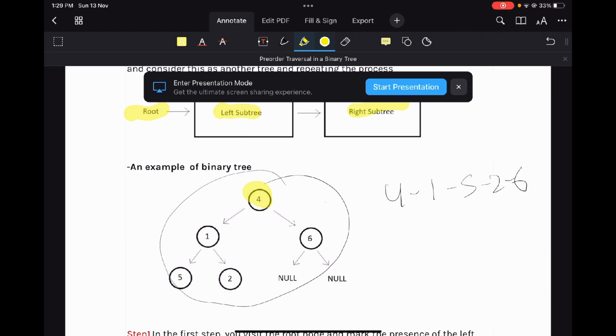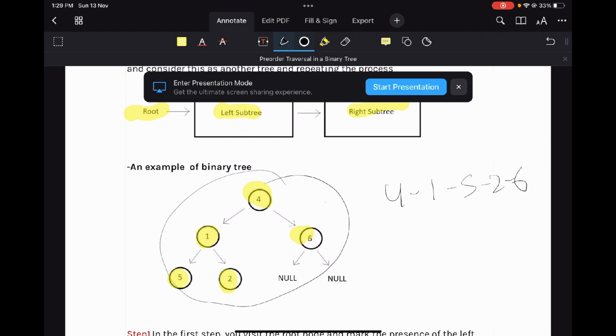In the given example, as the left subtree of the particular tree is 1, we'll mark our presence in 1. Since 1 is a different node altogether, we'll move toward the left side of 1, covering 5 and 2. After covering all these nodes, since there is only one node left, we'll move towards 6 and the traversal is complete.